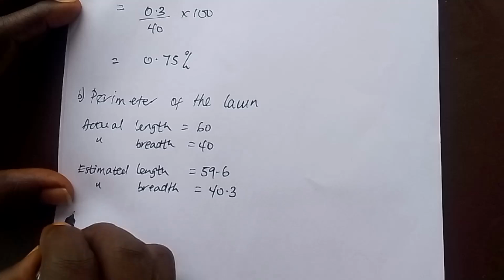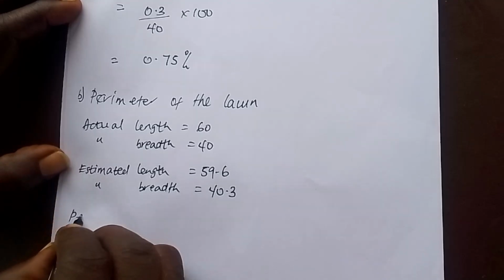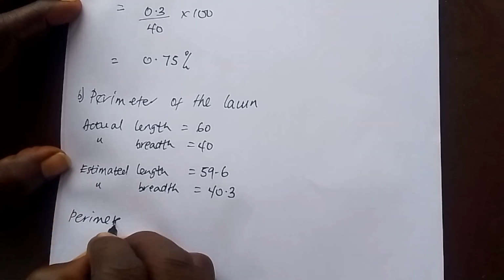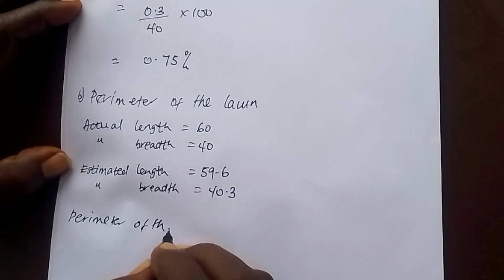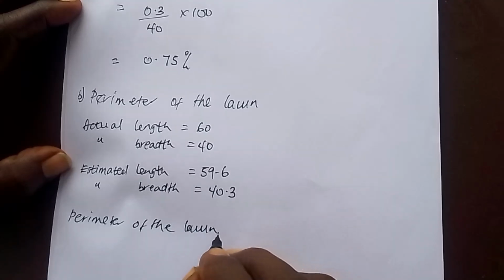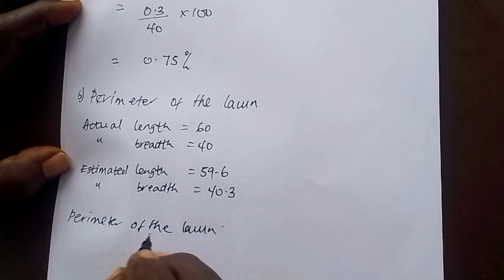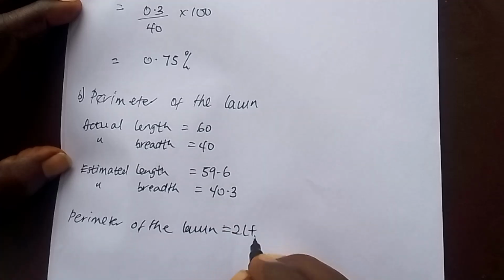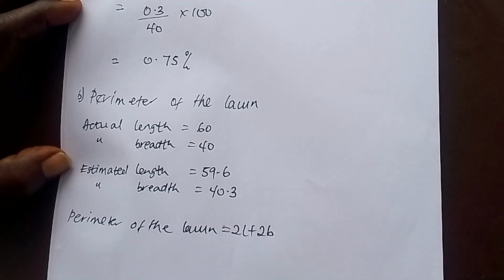So our perimeter of the lawn is equal to 2L plus 2B, where L is the length and B is the breadth.